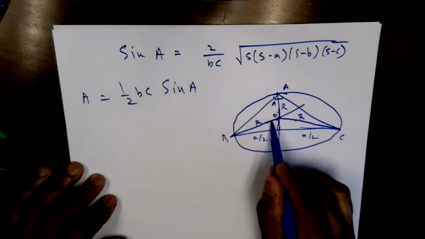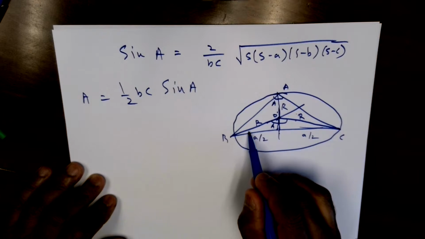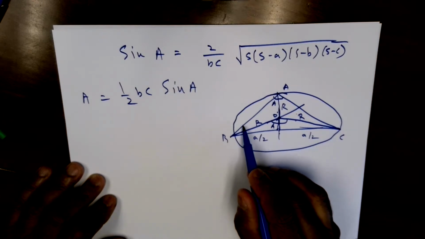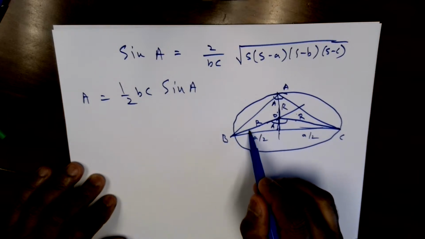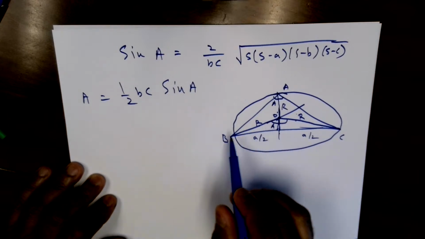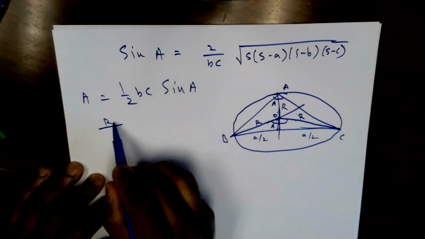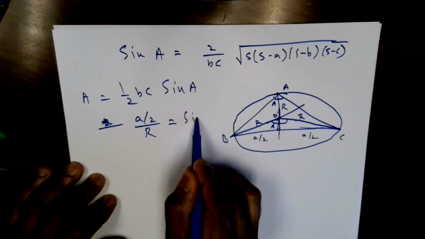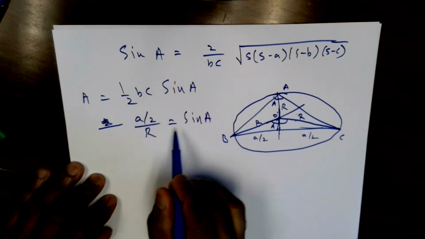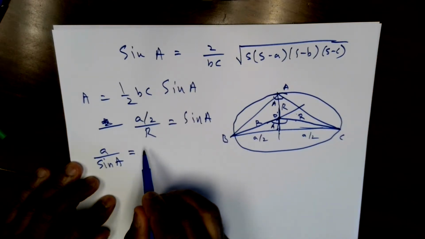So the question is, now we can use a circle property. If this angle is A, this angle is 2A, so each of these angles is A. This is 90 degrees, so this is 90 minus A. Notice that this is not a bisector of this angle. So from this figure, a by 2 over R is sin A. So this also gives us the identity that a over sin A equals 2R.